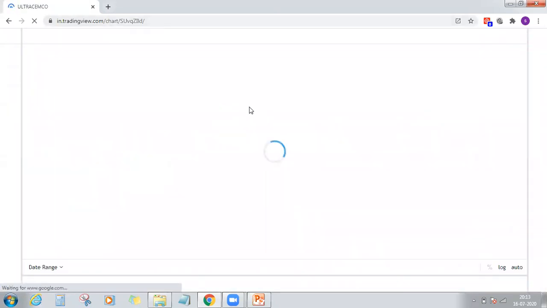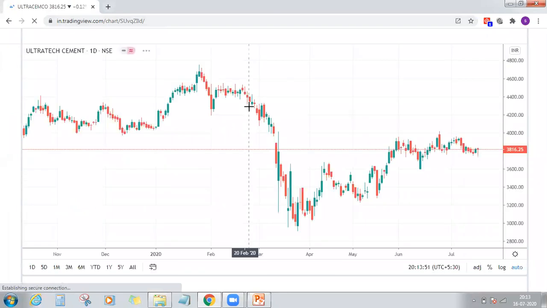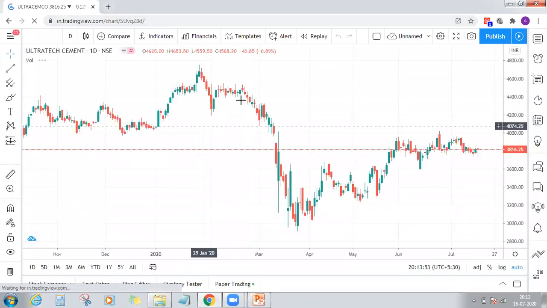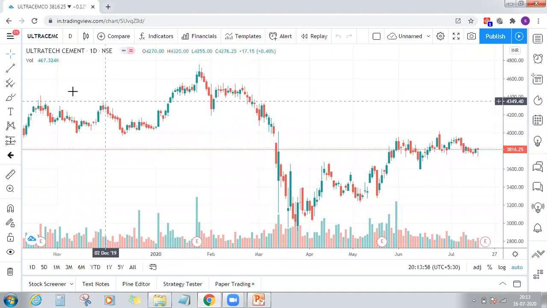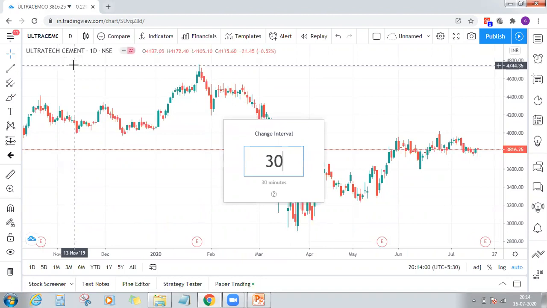So we'll go to a charting platform and we'll browse the chart only greater than 30 minutes. So I'm shifting to 30-minute time frame now.